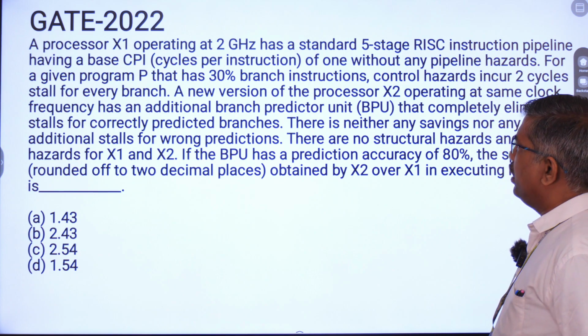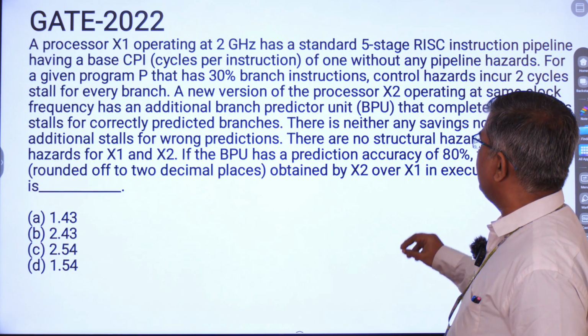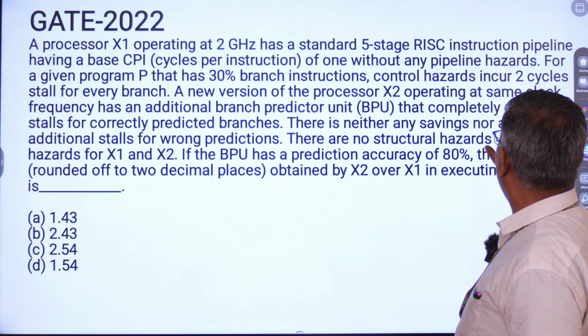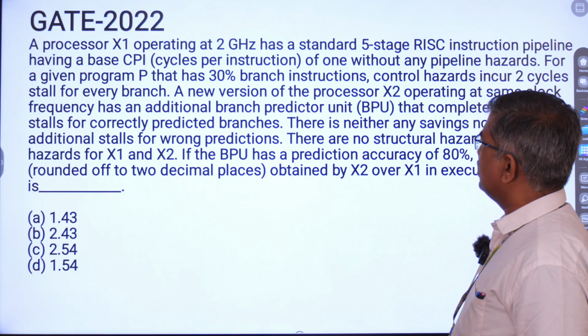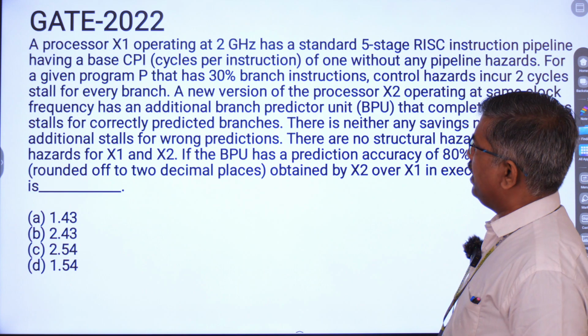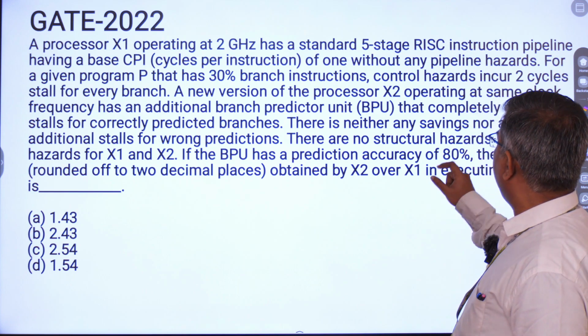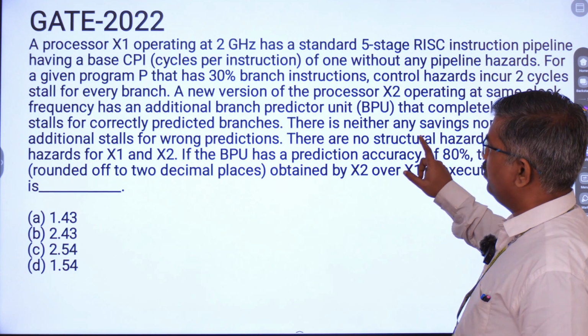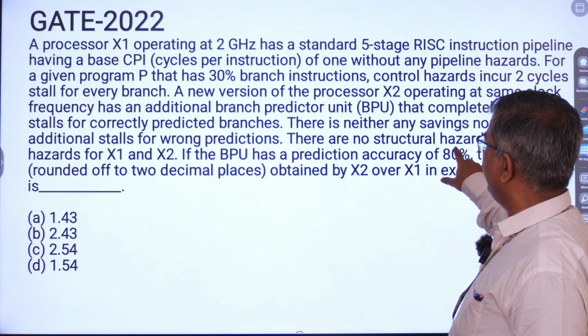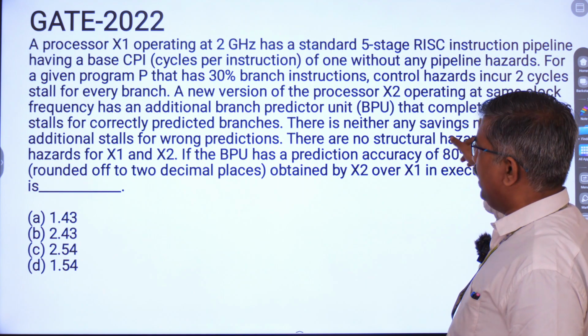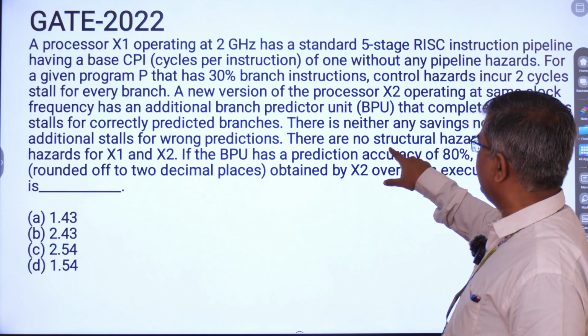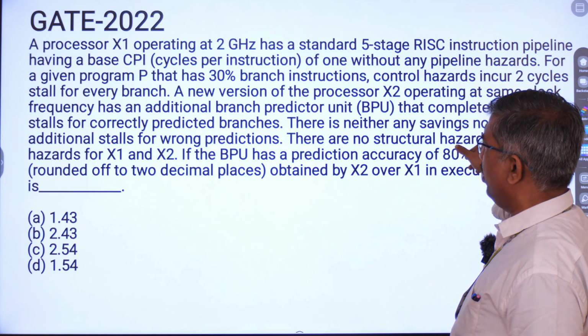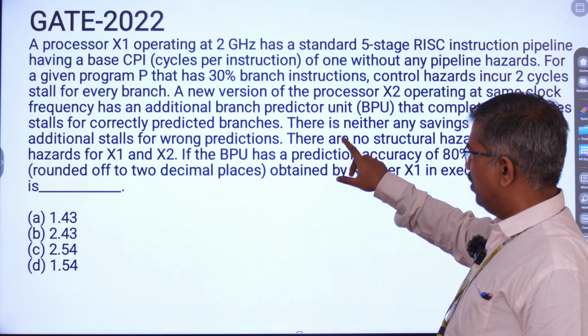For a given program P that has 30% branch instructions, control hazards incur 2 cycles stall for each branch. A new version of the processor, X2, operating at the same clock frequency, has an additional branch predictor unit that completely eliminates stalls for correctly predicted branches. There is neither any savings nor any additional stalls for wrong prediction.